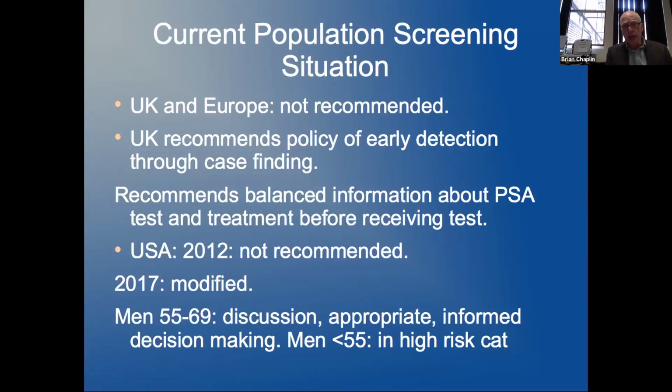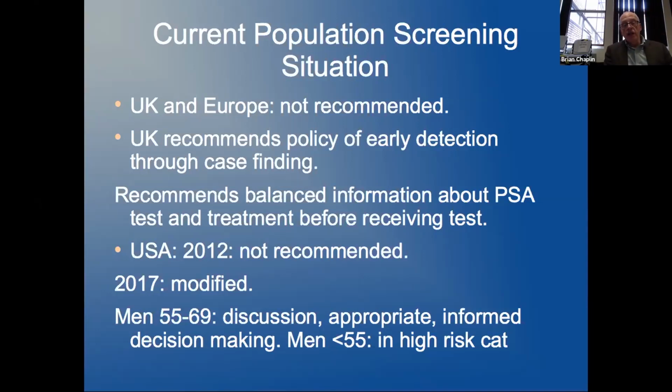In the United States, in 2012, the task force came down with a very heavy recommendation against screening. There was a lot of pushback from American urologists and the AUA, a lot of powerful lobbying, and also, incidentally, prostate cancer mortality went up after 2012, and therefore they modified this advice in 2017.